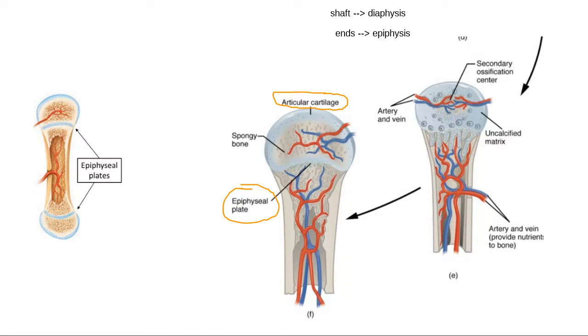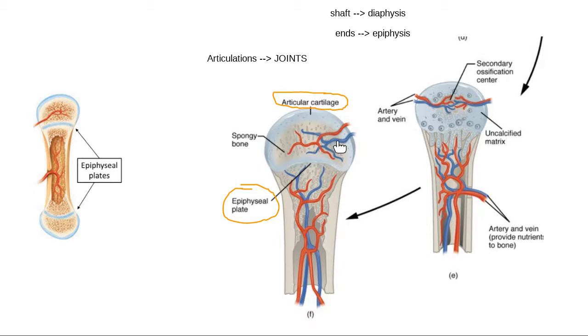Yeah, so it's present on long bones. At the end of long bones form articulations, which is a fancy word for joints, where more than one bone comes together.